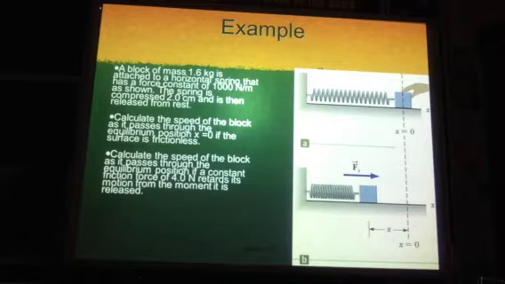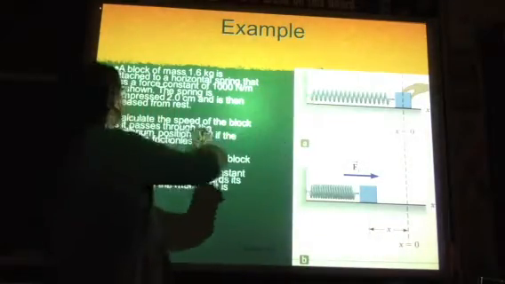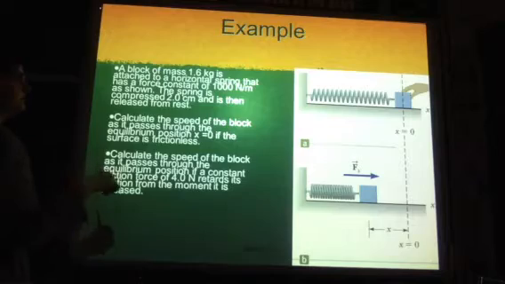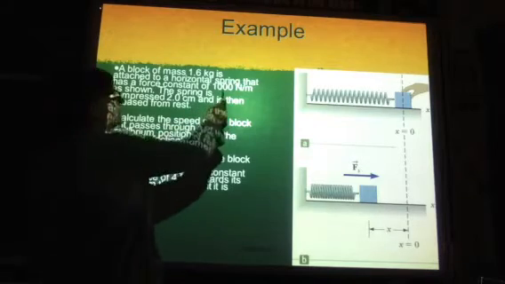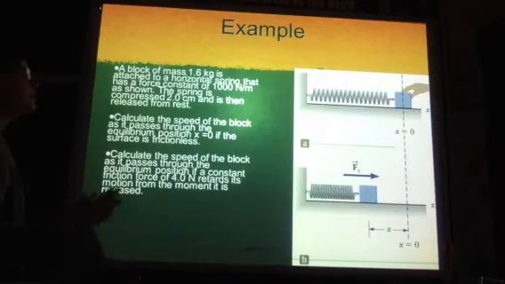Okay, so this is a slide that we want to start off on today. We have a block of mass 1.6 kilograms attached to this horizontal spring here, and it has a force constant, so that's our k, of 1,000 newtons per meter. The spring will be compressed.